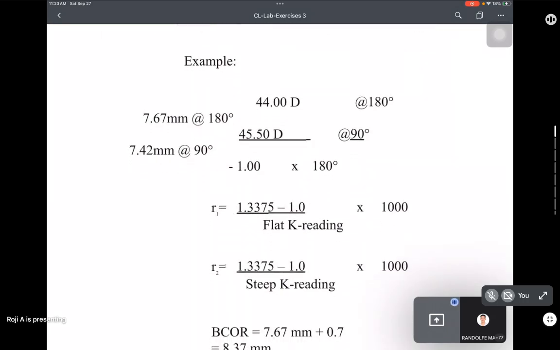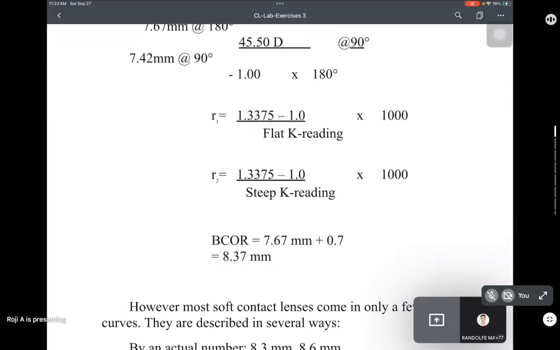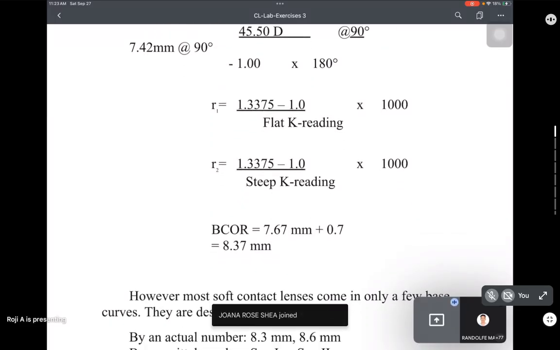So this is an example of your base curve. This is how you do it without the fit factor. You're just getting the radius of curvature. Correct, Randolph? Meaning, when you say radius of curvature, you are just basing it from the dioptric power to a radius of curvature that should give you how curved it is using a keratometer.